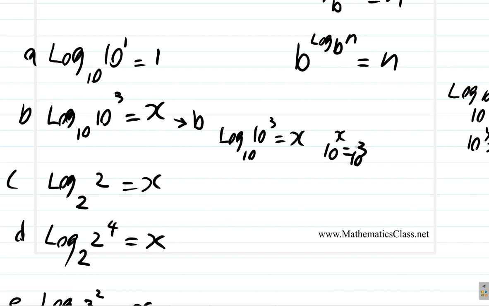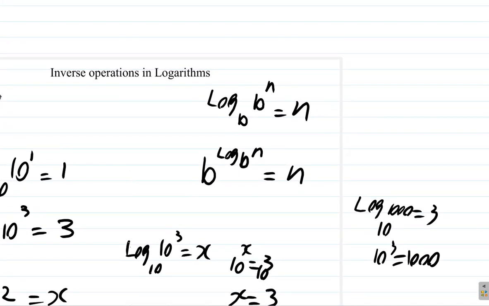The powers must be the same, so x must be equal to 3. Understand that? So in this case, x is equal to 3. Same as this, and you see that it's working just like this. All right?